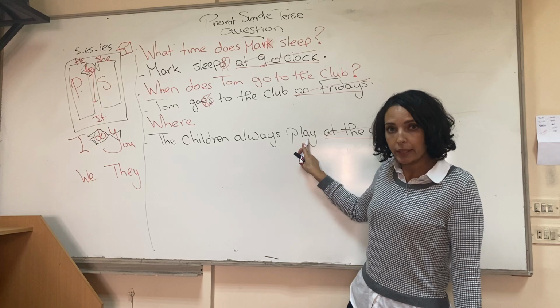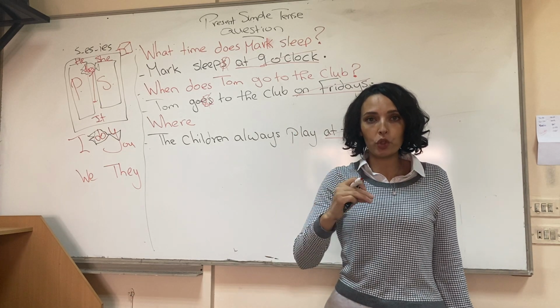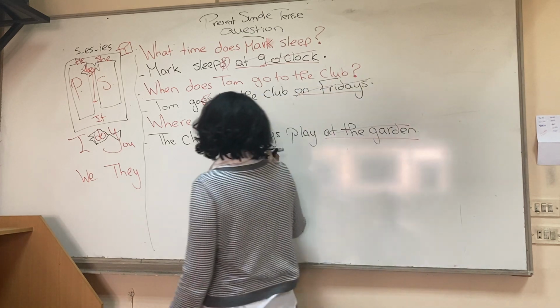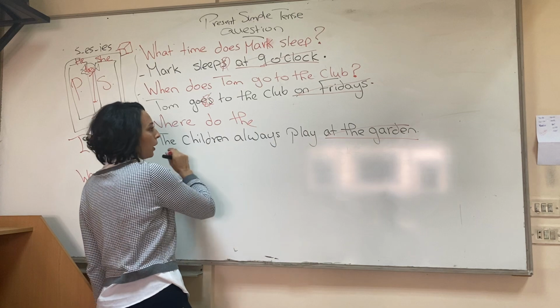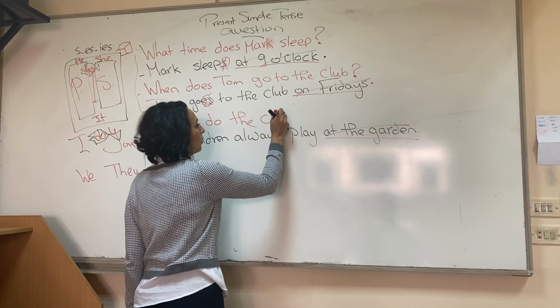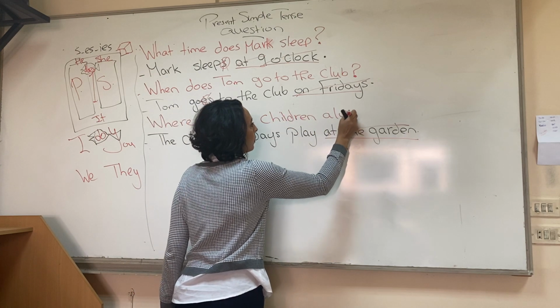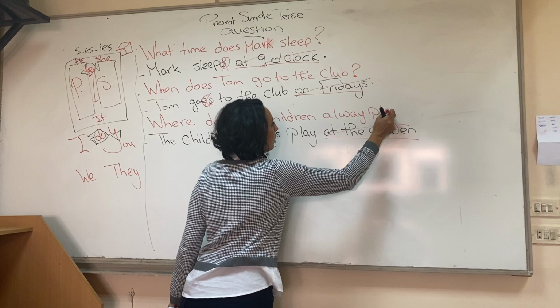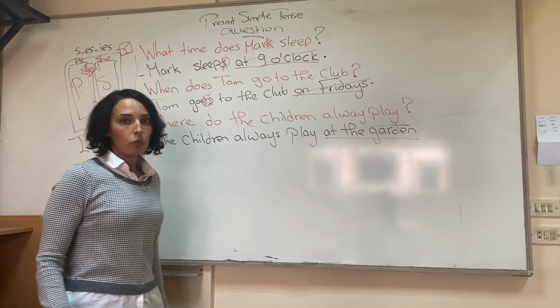Play. Can you see here any presents? No. So I'm using the do fish. So where do the, and I complete my sentence. Where do the children always play? Let's go to the next one.